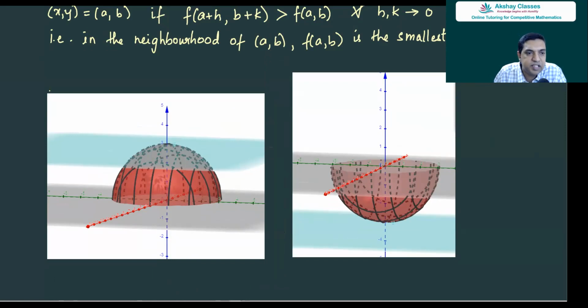So for this curve, this is an example of a point of maximum. This is an example of a point of minimum. Now here, x, y equal to 0, 0 is a stationary point.